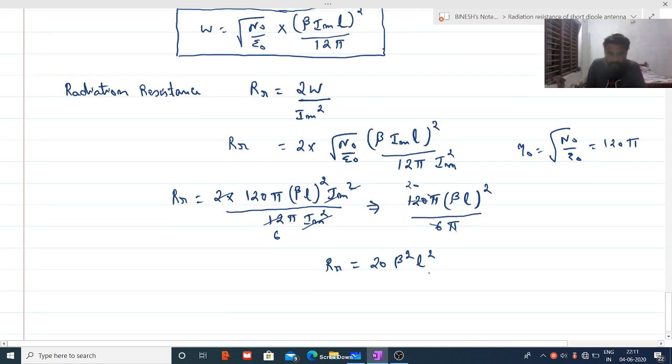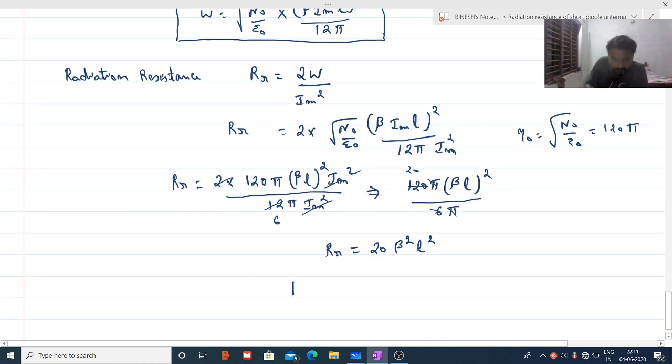So that again I can write as RR, that is radiation resistance. RR is nothing but 20, beta is nothing but 2 pi by lambda.